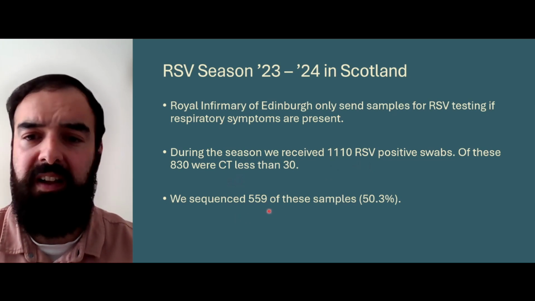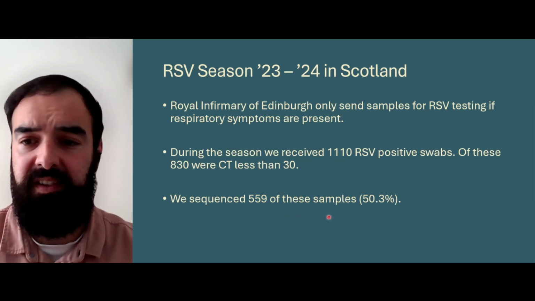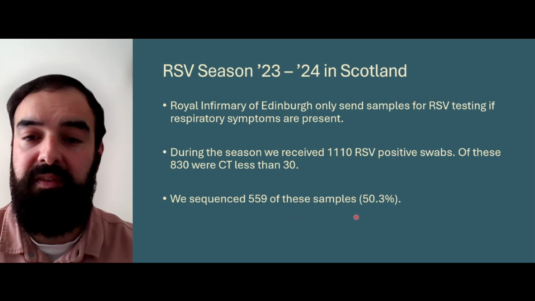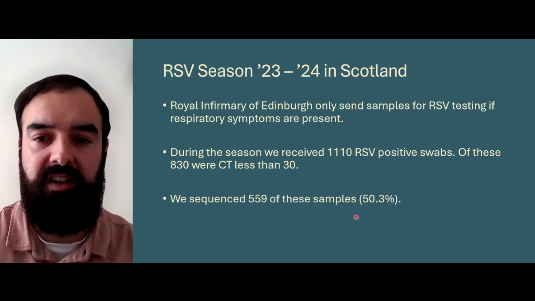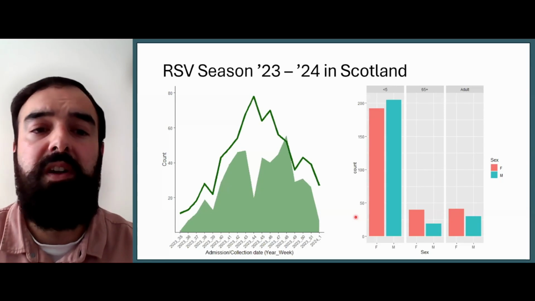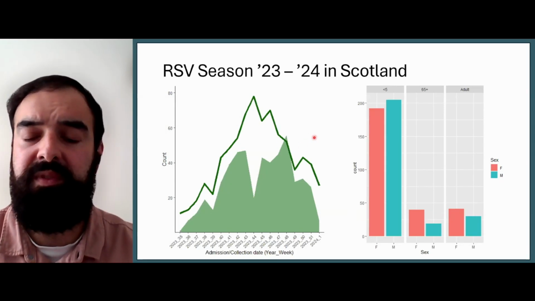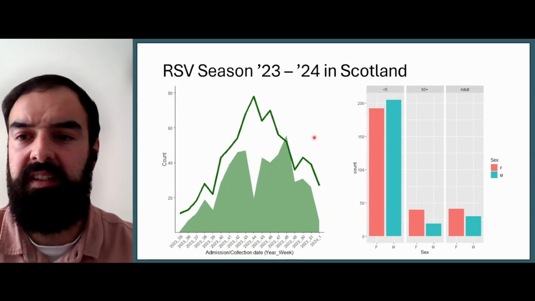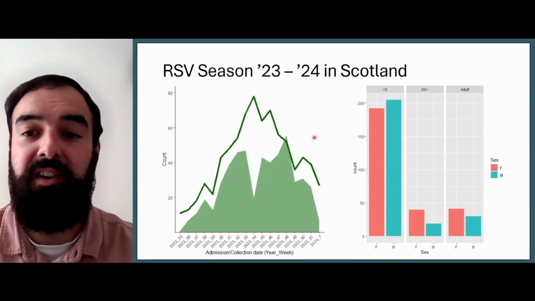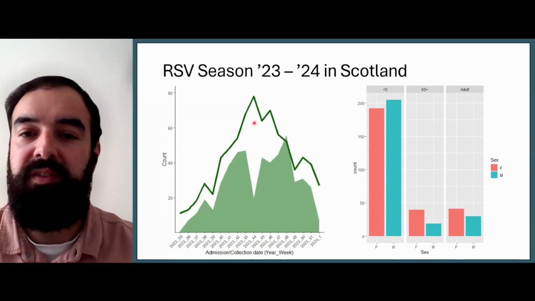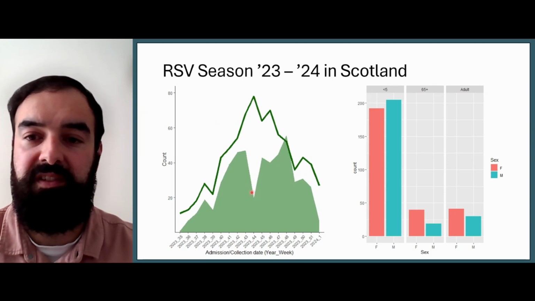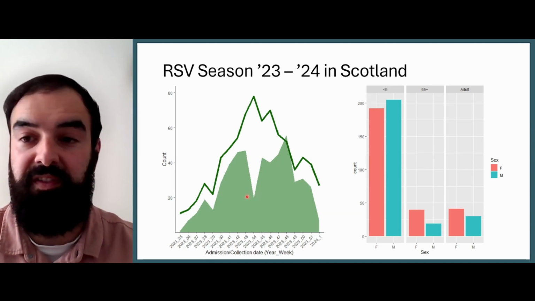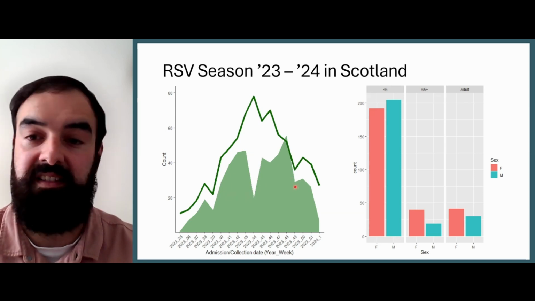Of these, 559 were successfully sequenced, which is just over half of the positives received and approaching 10% of all RSV positives in Scotland. Those 1,110 swabs came from around 800 patients at the Royal Infirmary, and the solid green line here shows the admissions over the course of the season, and beneath it in light green, it shows the distribution of the collection dates for the 559 samples we sequenced, showing pretty good coverage for the entire season.